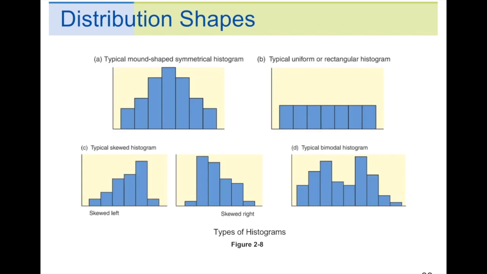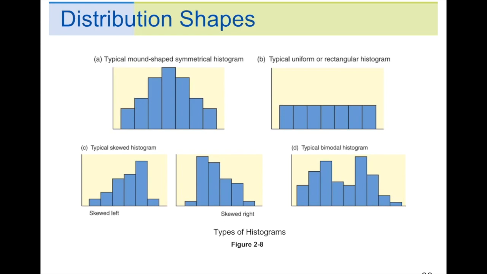And here are some graphs. So the mound shape with a histogram, if you were to draw a line, it would be about a U shape. You've got a lot of data in the middle and then less data on the sides. The uniform, again, makes a rectangle. Everything's the same.